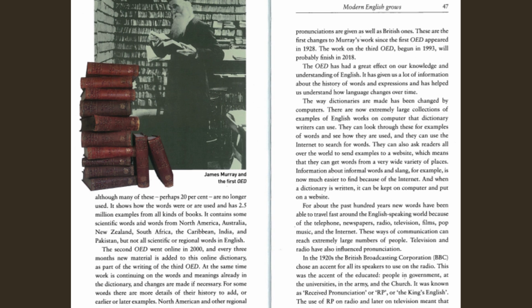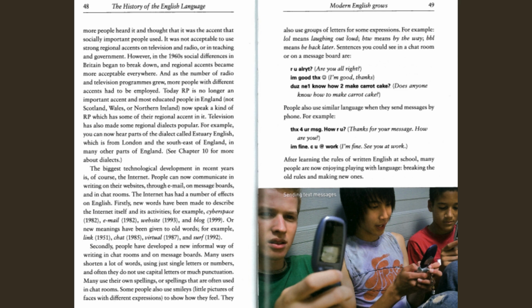The use of RP on radio and later on television meant that more people heard it and thought that it was the accent that socially important people used. It was not acceptable to use strong regional accents on television and radio, or in teaching and government.